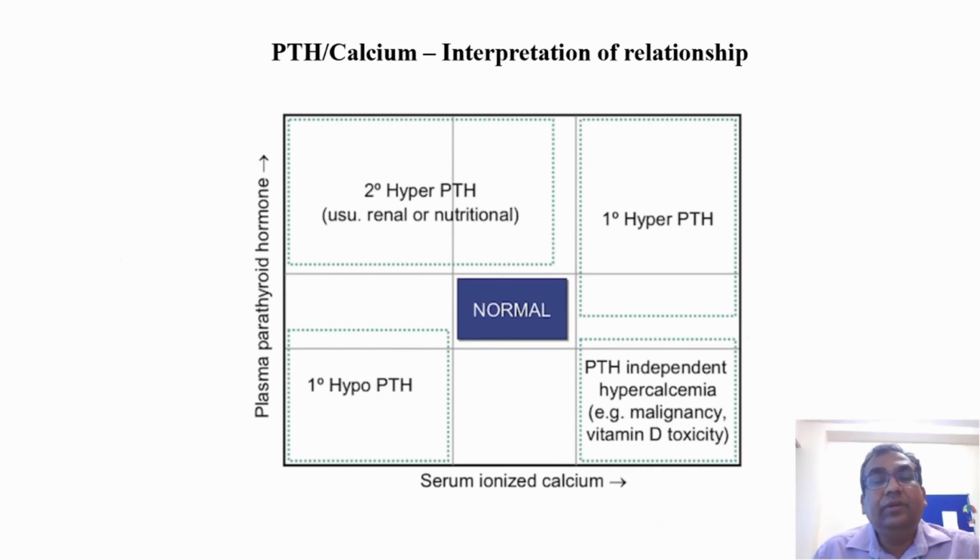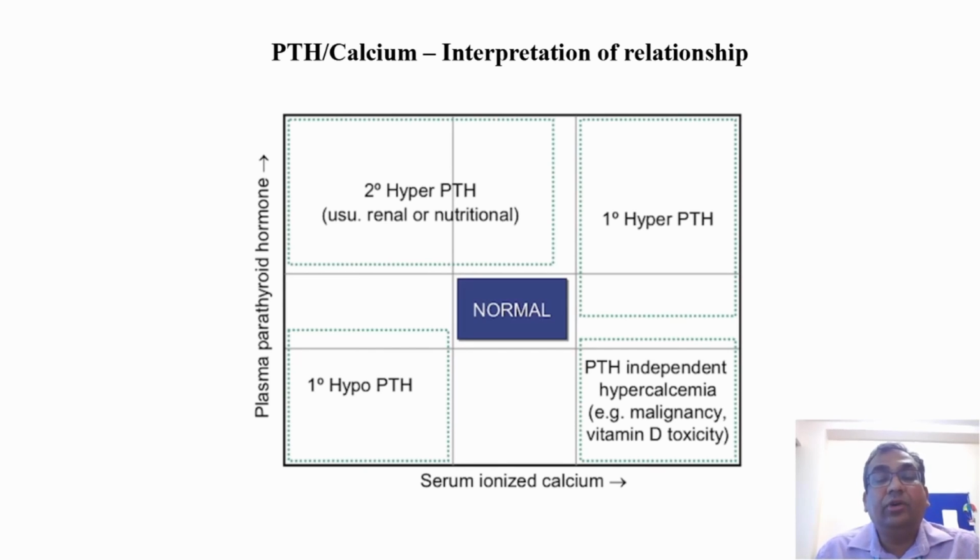To discuss the interrelationship between calcium and parathyroid hormone, if we can focus on this graph, when both the levels are normal or in parity with each other, it is normal. If the serum calcium is high and the PTH is high, then it is primary hyperparathyroidism. If the serum calcium is low or on the normal side with elevated parathyroid hormone, that is usually secondary hyperparathyroidism.